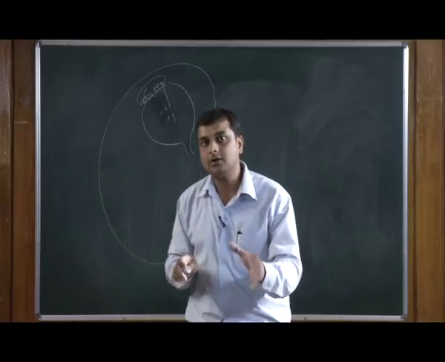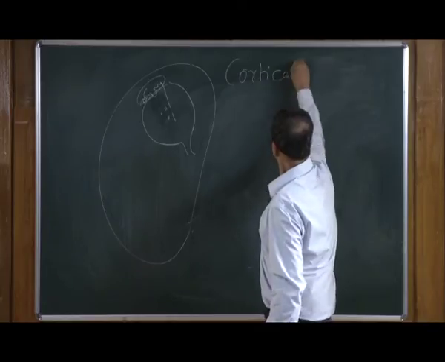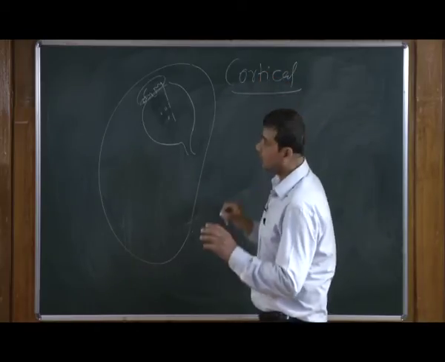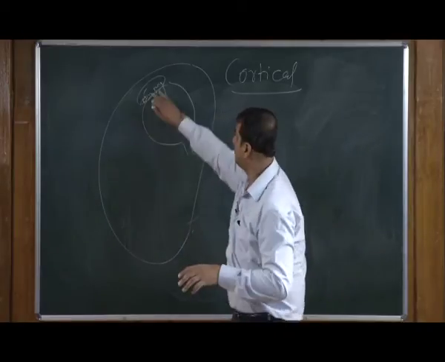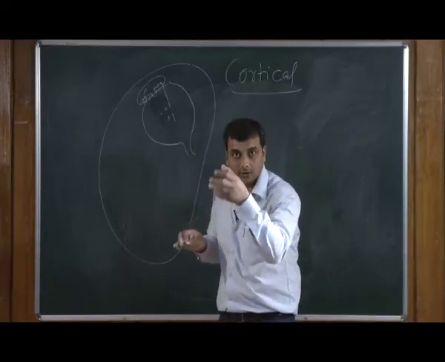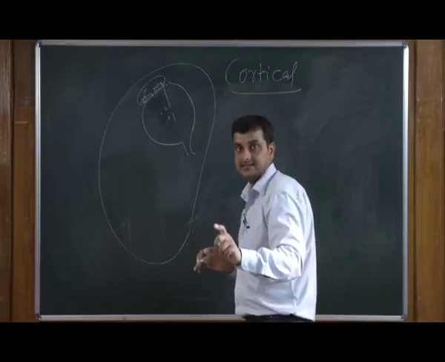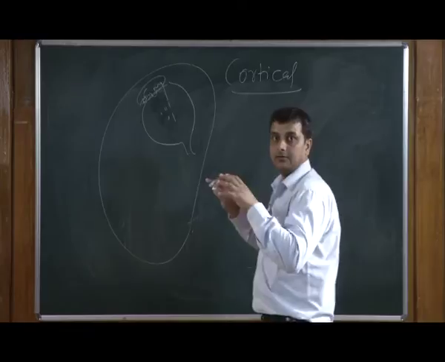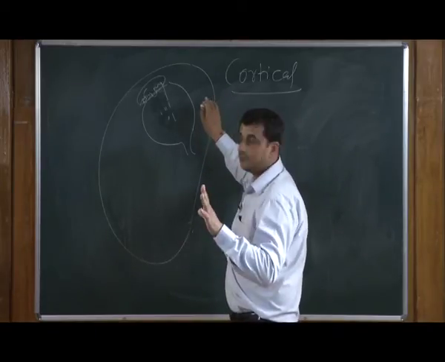So can we call this nephron a cortical nephron? Why? Because all the structures are lying in the cortex region. The cortex is the upper part, because Henle's loop is not located there or is highly reduced. We will see in the next slide when I cover those aspects. So this is a cortical nephron.